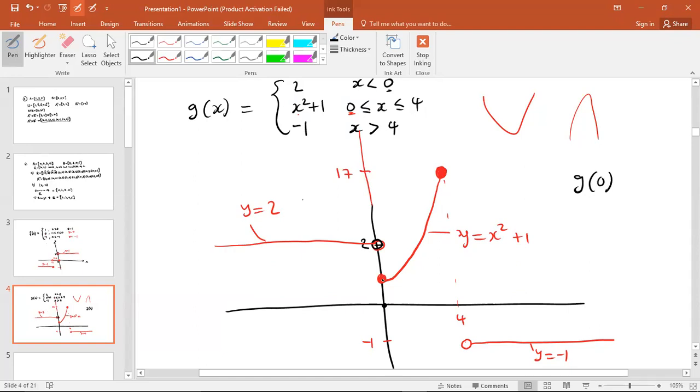The function that has X equals to 0 is that one. So you're going to use this function to find G of 0. You put 0 squared plus 1. So it will give you 1. So G of 0 is 1. You use that function because when you have your 0 here, it's this one that has 0.